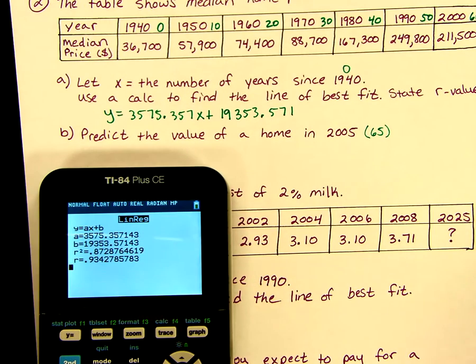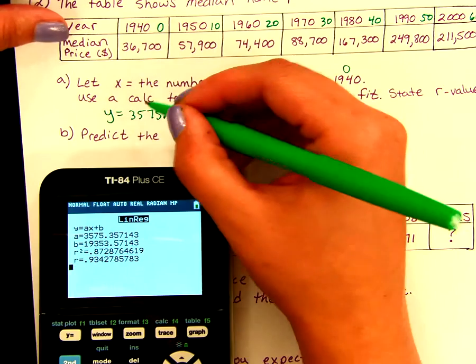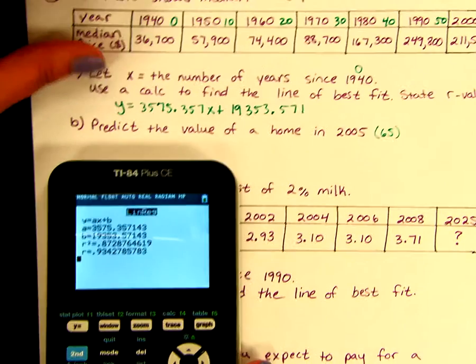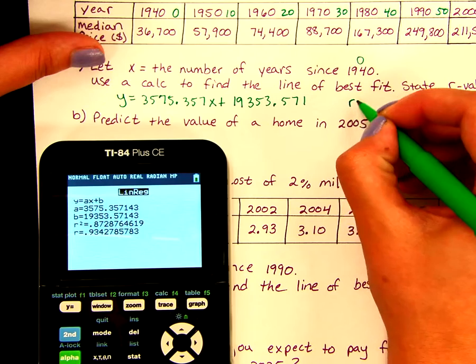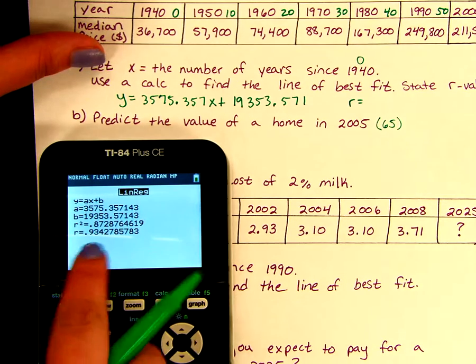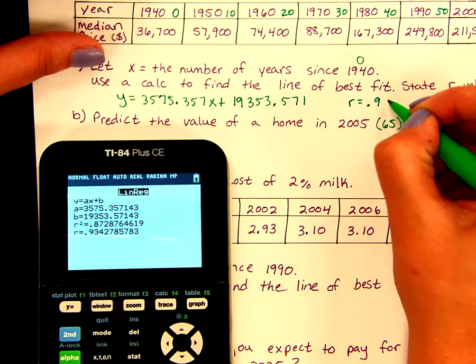So that's our equation. And then we need our R value, so that's also on the screen. So R equals 0.934.